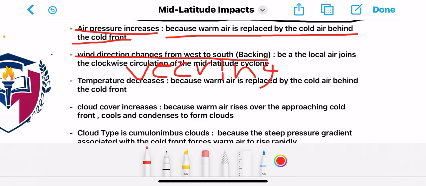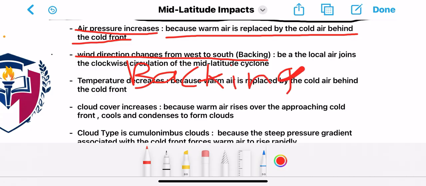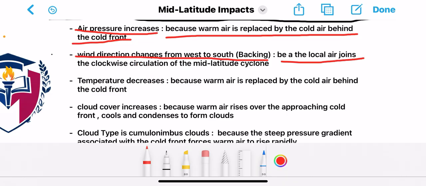Okay? I hope you understand. Now, the wind direction changes from west to south. Why? Because the local air joins the clockwise circulation of the mid-latitude cyclone.